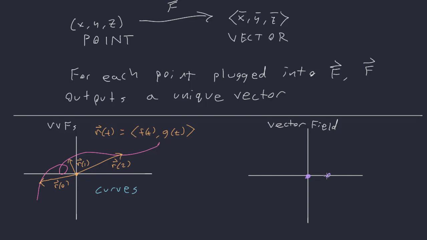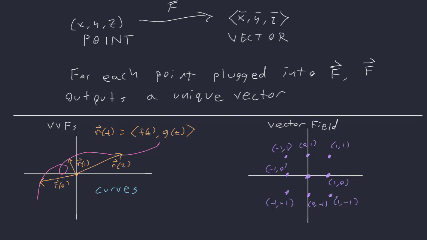So we could have the points at the origin, at 1, 0, at 1, 1, at 0, 1, negative 1, 1, negative 1, 0, negative 1, negative 1, 0, negative 1, and 1, negative 1.